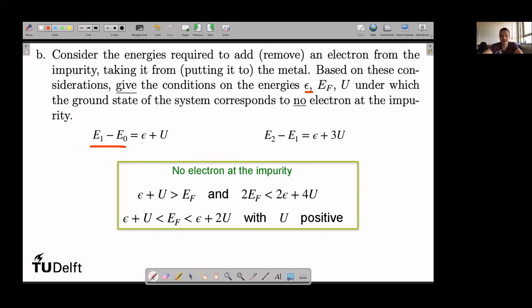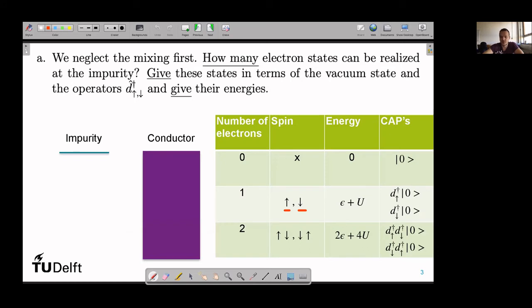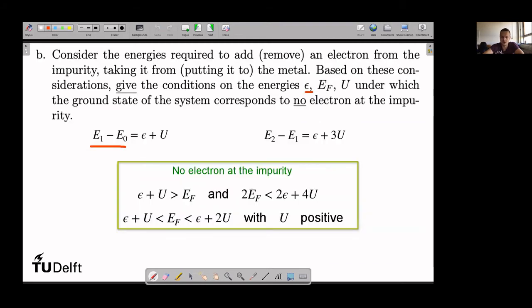The energy is just epsilon plus U. And then the next situation is if we have 2 electrons at the impurity, and we take the energy difference between 2 electrons and 1 electron at the impurity. Bear in mind, we have already evaluated those energies, so it's just this 2 minus this 1. So we obtain epsilon plus 3U.